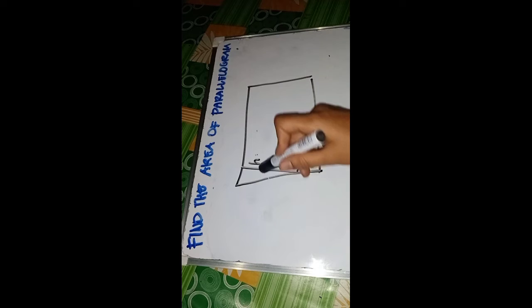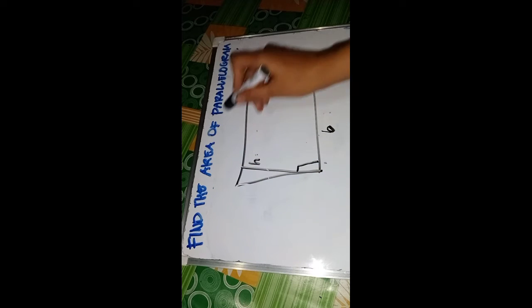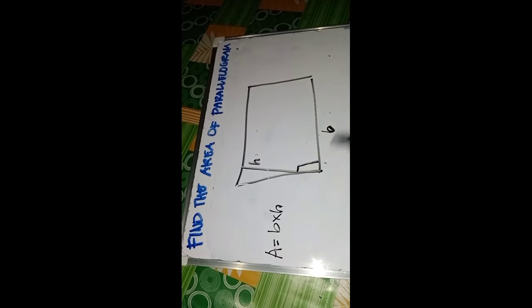So our formula for the area of a parallelogram equals base times height. B is the length of the base, and H is the height or altitude.